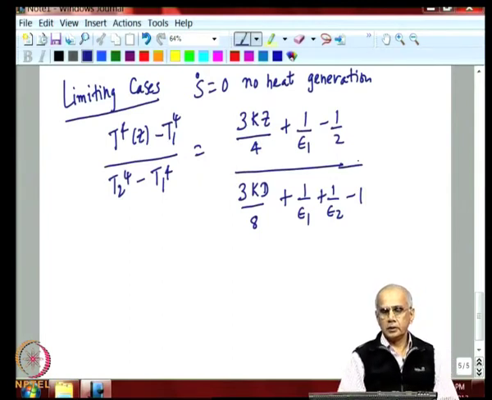So, this is a temperature distribution if there is no heat generation. This is your standard radiative equilibrium solution to the case of the optically thick limit, which had been derived earlier.